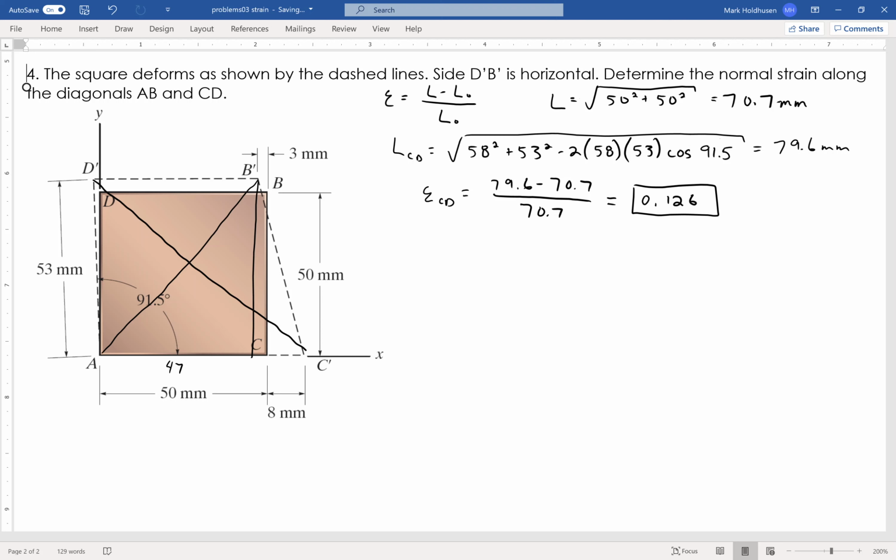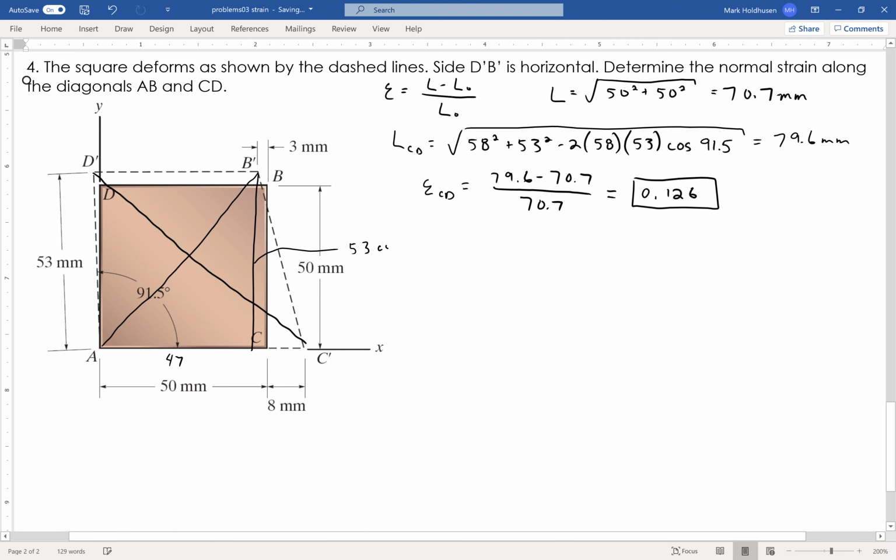And I just need to find the length of that side, which, because D prime B prime is parallel, I can find just by taking 53, the length of AD prime, times the cosine of 1.5, because that's what that angle is. It was at 90, now it's at 91.5.